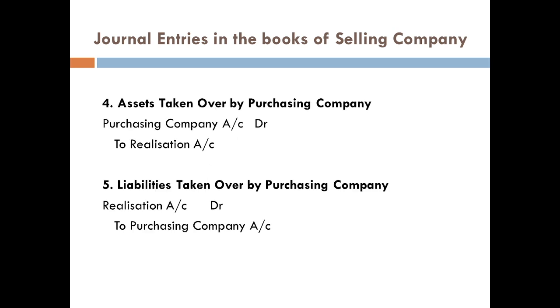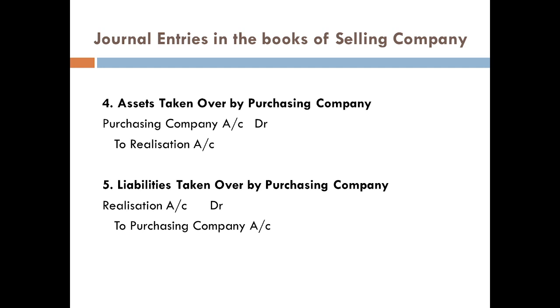The fourth journal entry is to record the assets taken over by the purchasing company, at the revalued values of the assets taken over. So here, who is taking it over? The purchasing company is taking over the assets. So we record purchasing company account debtor. We have already transferred the assets to which account?